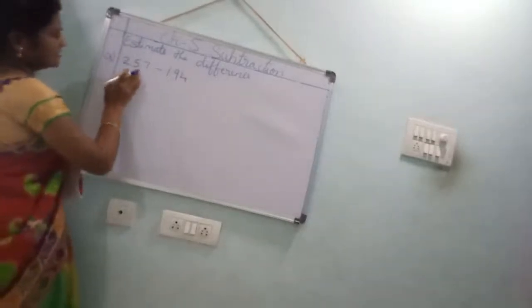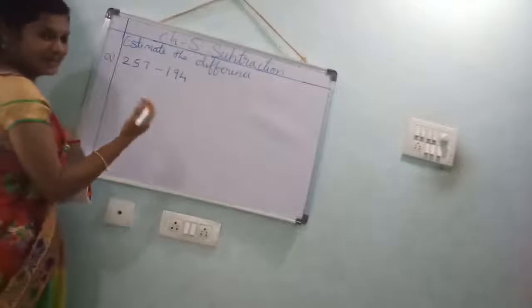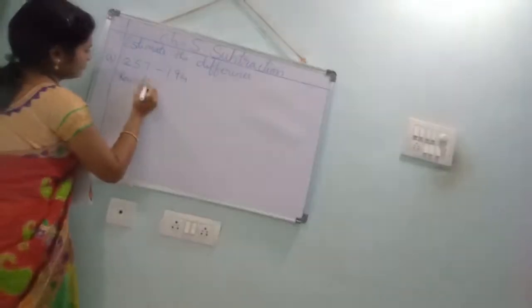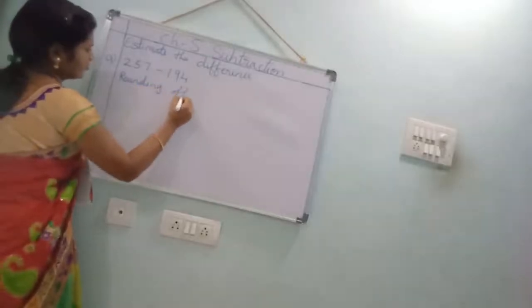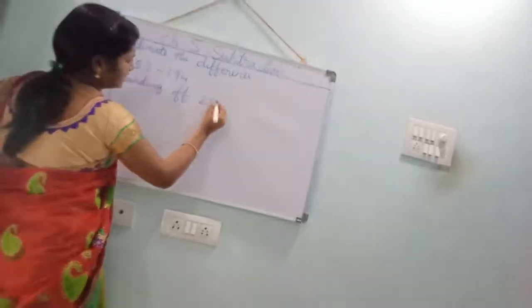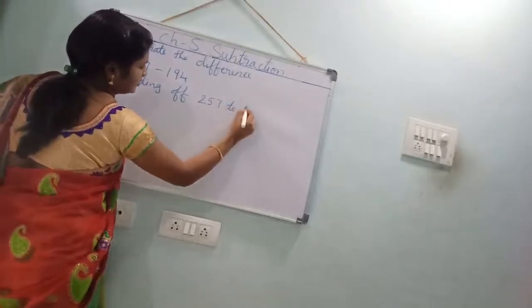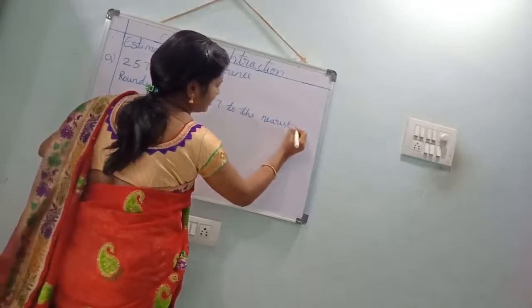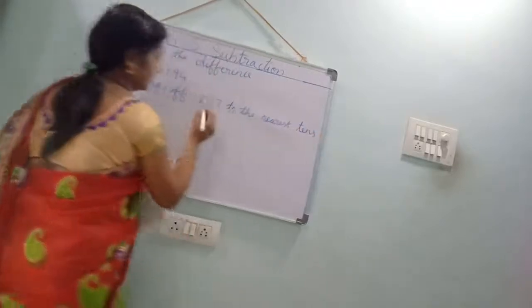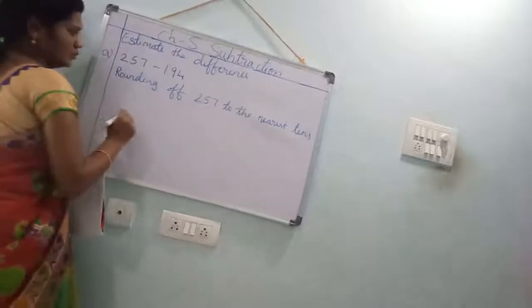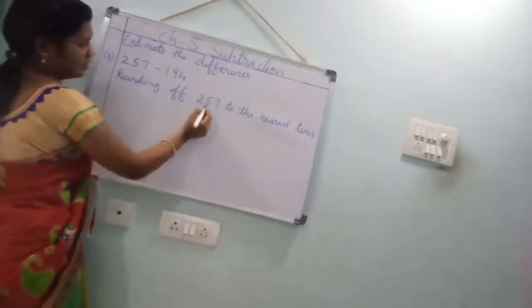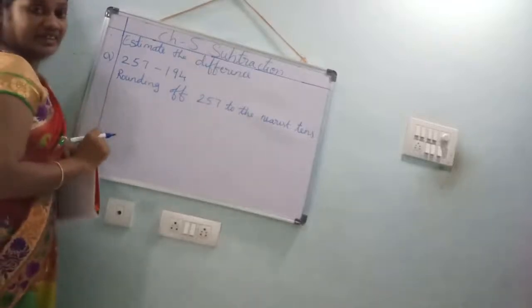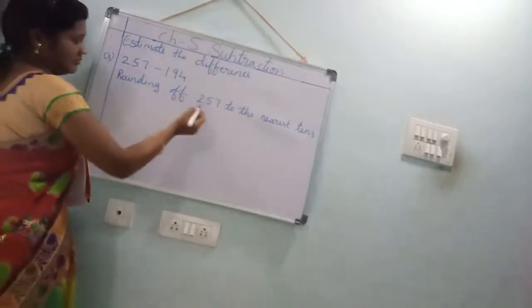You should estimate the sum and after that you should do the difference. See, rounding off 257 to the nearest tens. See, only nearest tens should be done. Nearest tens means what? Here, what is that number? 57.